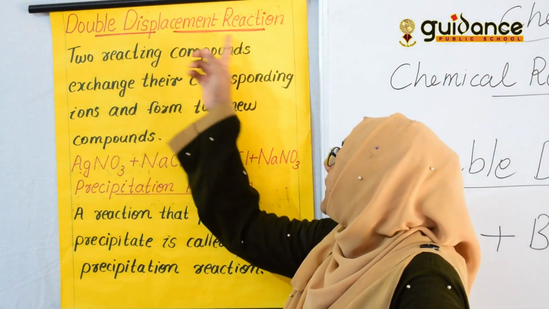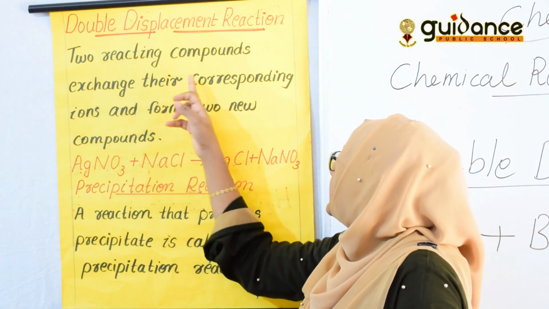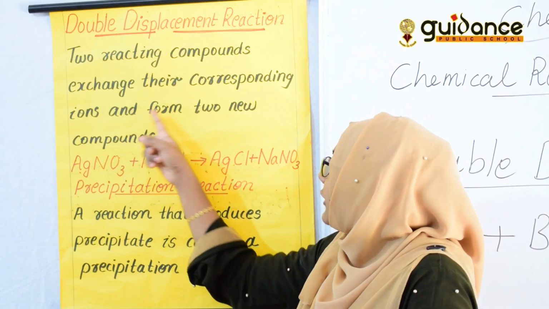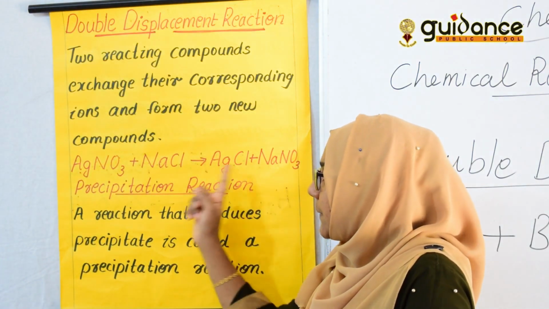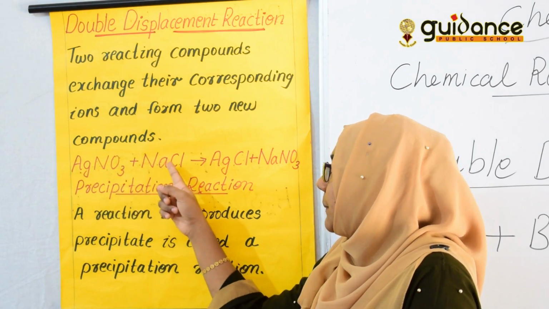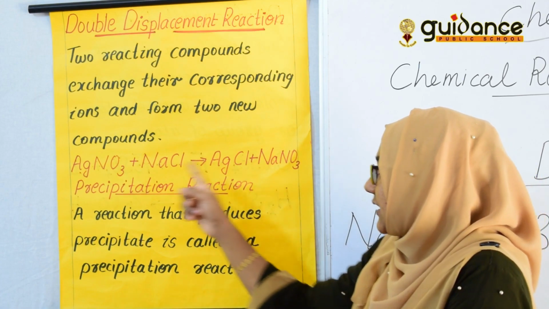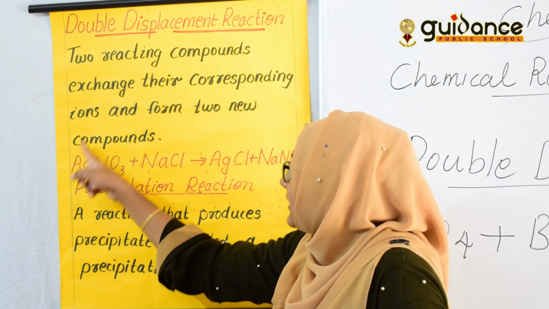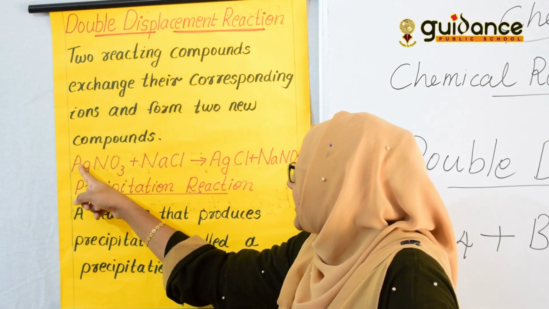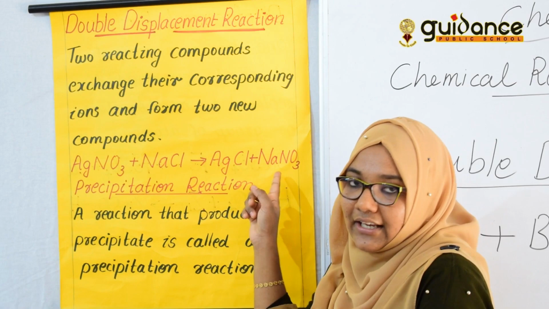So what is a double displacement reaction? Two reacting compounds exchange their corresponding ions and form two new compounds. This is another example: silver nitrate plus sodium chloride gives silver chloride and sodium nitrate. Here AgNO3 and sodium chloride exchange their ions. This Ag will come here and this Na will go there, that is AgCl plus NaNO3.